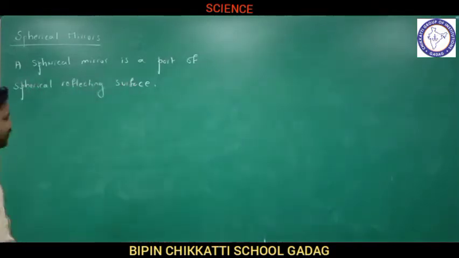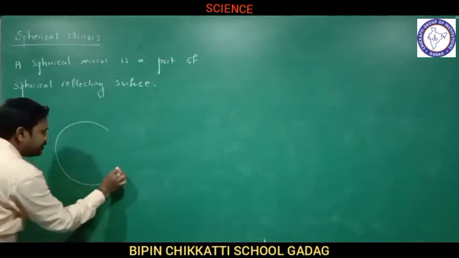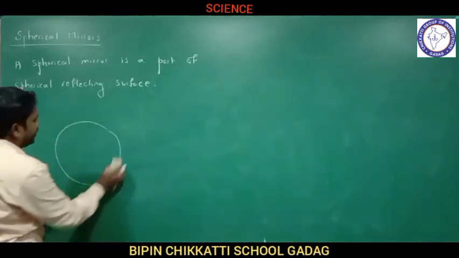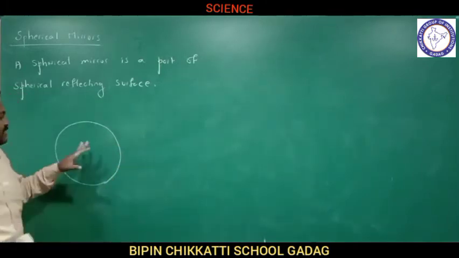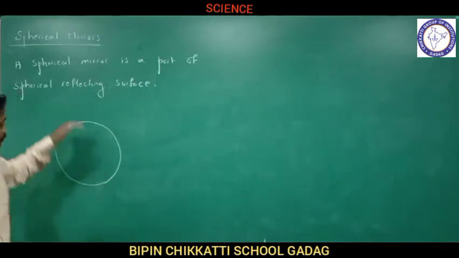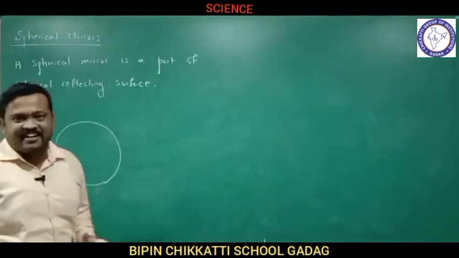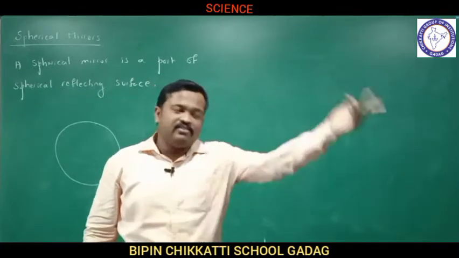For example, let me consider this is a sphere, and this is a hollow sphere. Nothing is there inside, and some part is a reflecting surface, like the silvered surface in a mirror. Another kind is a polished surface.